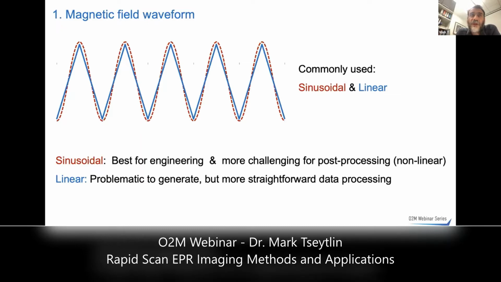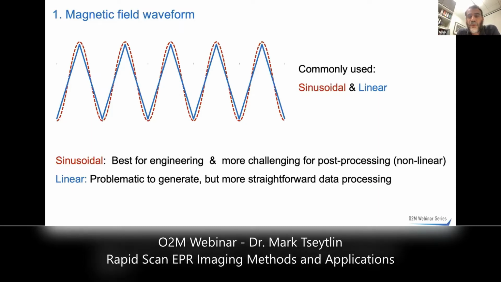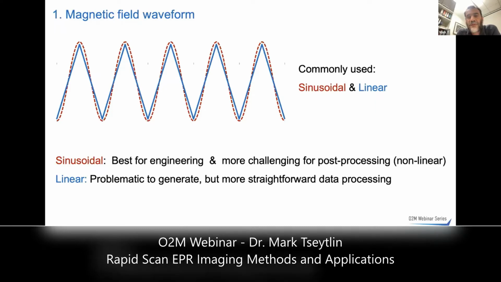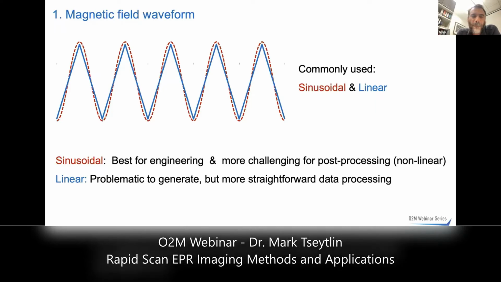But when you have a sinusoidal magnetic scan, your magnetic field becomes non-linear. So in terms of mathematics and data processing, you need to understand what you're doing and how to take into account that your field is not linear anymore. The linear field is the opposite. In terms of mathematics and data processing, it's simpler, but it's problematic to generate because nature doesn't have abrupt changes.